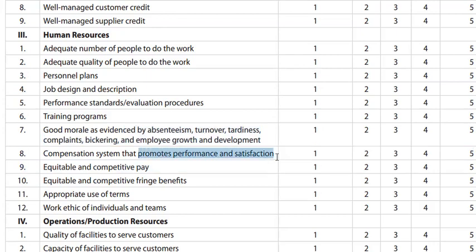Also promotion, performance and satisfaction, competitive pay, competitive fringe benefits, use of teams, and work ethics. They can be judged by asking the human resource department or looking at different evidence like JDs or other things.